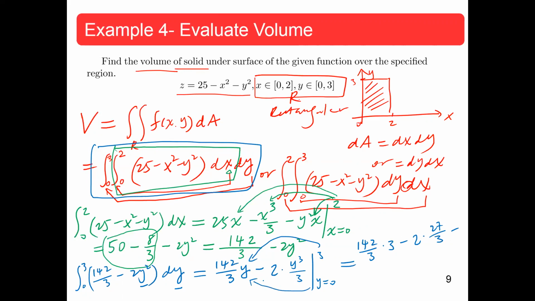Once you plug 0 in, I have 0 here and 0 there, so it won't affect my result. So eventually I get whole numbers: the 3 and 3 reduce, you get 142. And the 3 and 27 reduce to 9, so 2 times 9 is 18. So you should have 124 as your final result. Is that what you guys got?